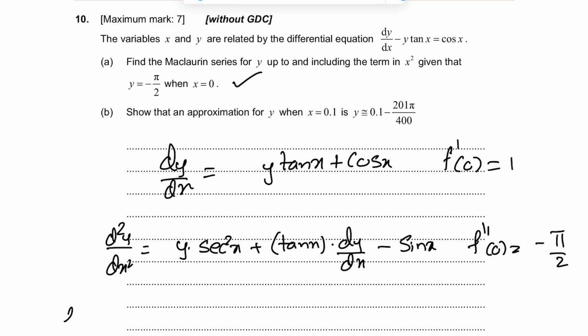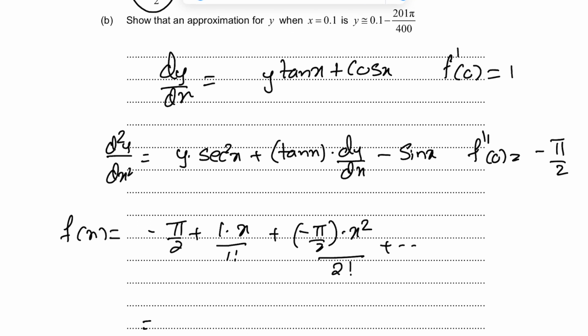So therefore the function will become: y value is minus pi upon 2, plus first derivative 1 times x upon 1 factorial, plus second derivative minus pi upon 2 times x squared divided by 2 factorial. So it becomes negative pi upon 2 plus x minus pi x squared upon 4.